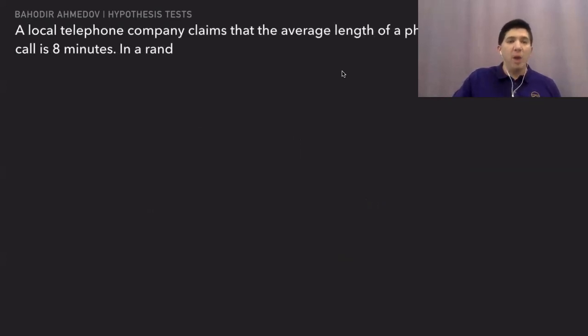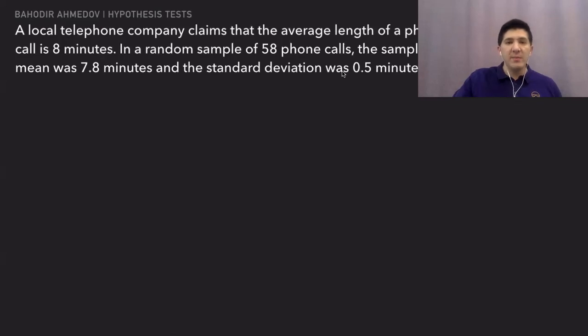So again, a local telephone company claims that the average length of phone calls is equal to 8 minutes. In a random sample of 58 calls, the sample mean is equal to 7.8, and the standard deviation of the population is equal to 0.5. So we have to test this claim at the level of significance 5%.